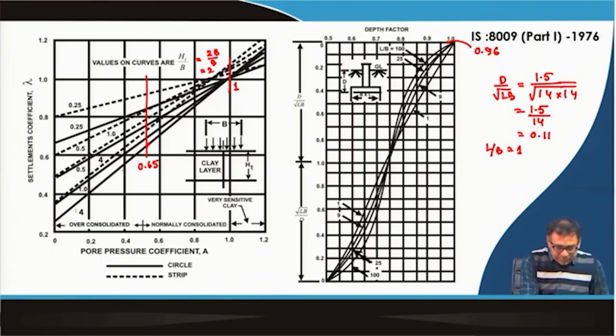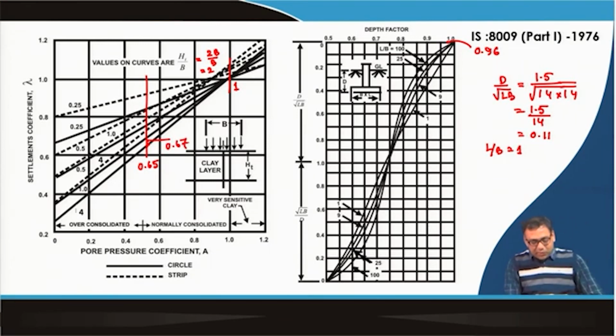So, 2 means this is 4, this is 1. Okay, so, that means this value will be somewhere here. So, we can say this is 0.6, this is 0.7, this will be around 0.67 or something. Okay. So, this is the range, but it can be in this area also, but here no information is given. So, that is why I have taken the lower range.